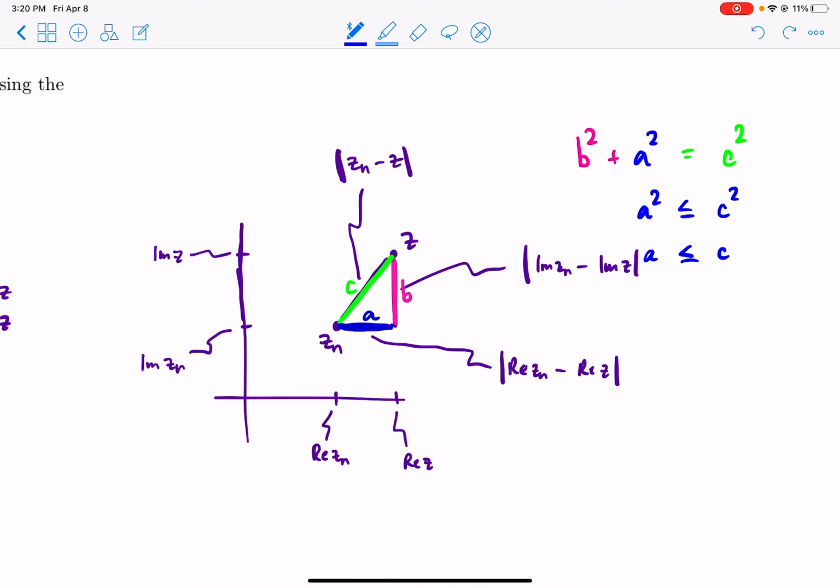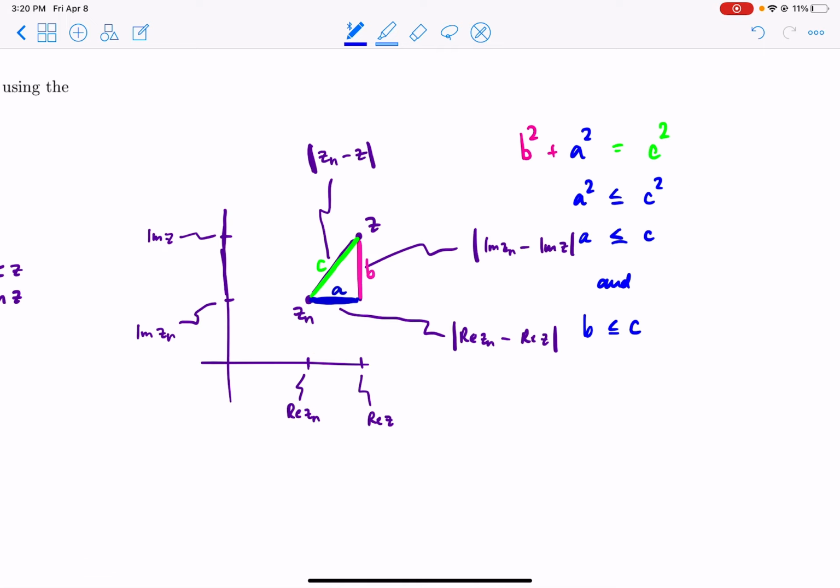But here's the proof, starting from the Pythagorean theorem. This is a positive number, b squared. The length of a side squared is a positive real number. And so if we get rid of a positive number, we've only made it smaller, possibly smaller. If b squared happened to be 0, we'd still have equality, but if b squared is positive, in general this gets smaller. And also, by similar reasoning, b is less than or equal to c.